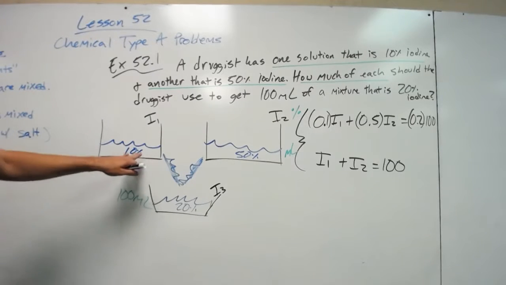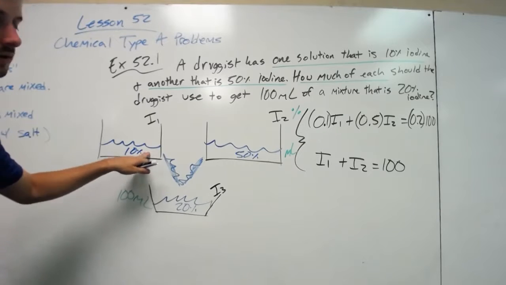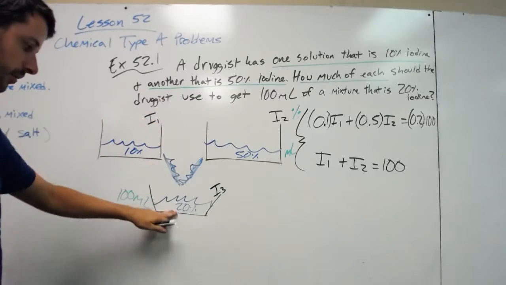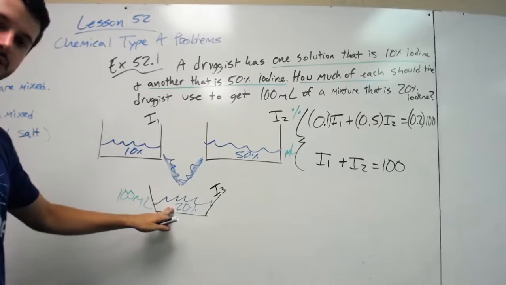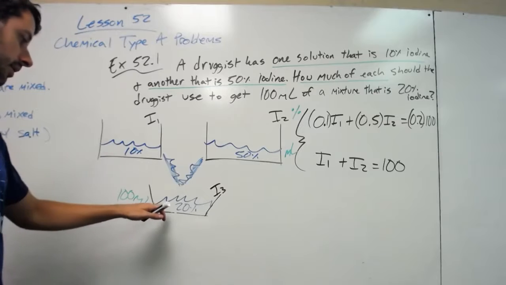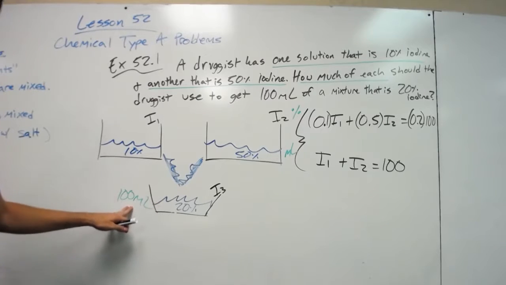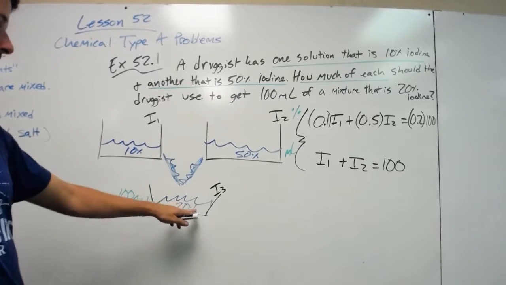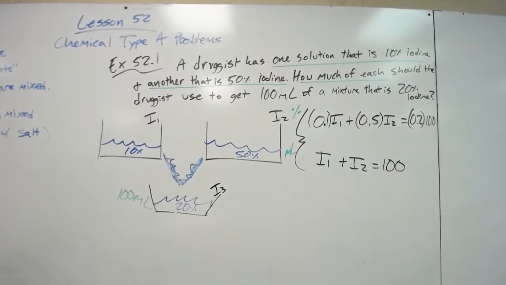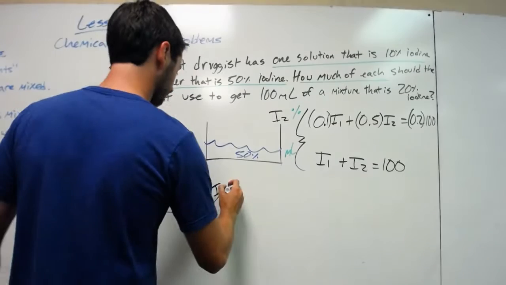So how much of 10% iodine 1 and 50% iodine 2 do they need to dump in here to get 20% iodine at 100 milliliters? I'm going to refer to this one as iodine 3 because it's our third solution. And iodine 3 can be referred to as the total.